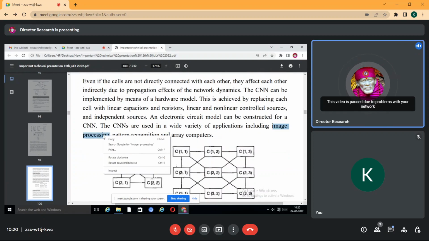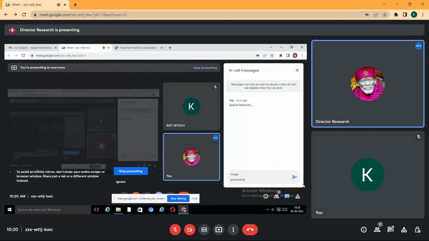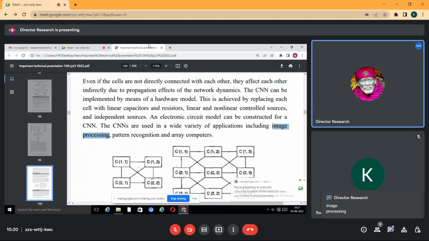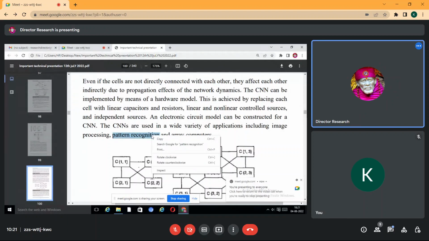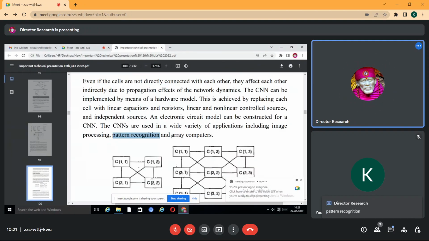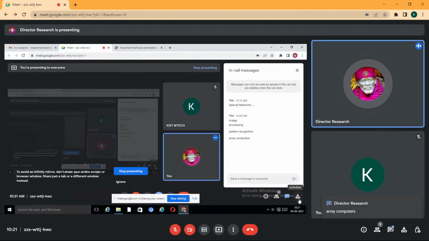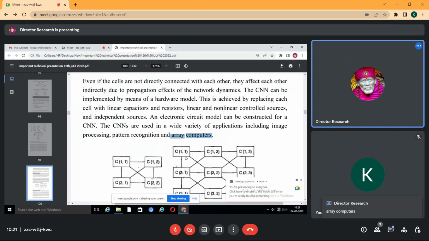One of the applications is image processing, then pattern recognition, and array computers. These are the very famous applications for the cellular neural network.